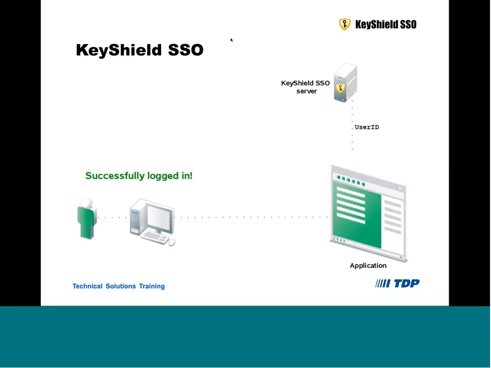The user is authenticated, but the integrated system gets only the user ID, nothing more. So if the system needs other information, it must be read from a user source, typically an LDAP source, which can be eDirectory or Active Directory, and this is done on the system side, not on the identity provider side.